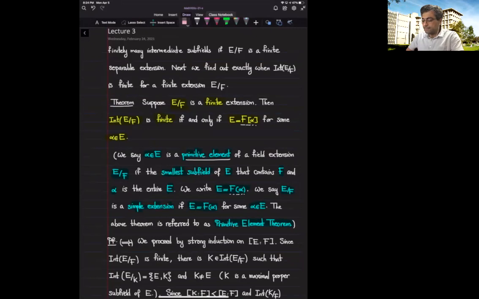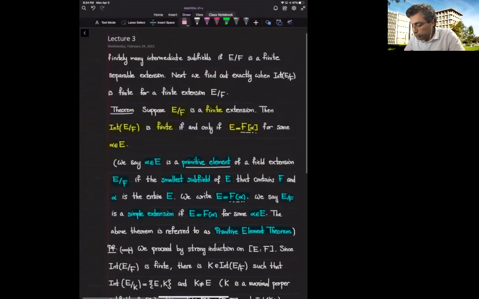Okay, so next, what we want to find out is we want to pinpoint exactly when the number of intermediate subfields is finite. Okay, so this is what we want to show.